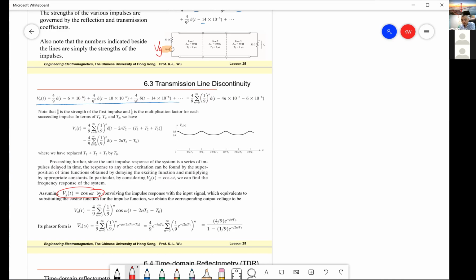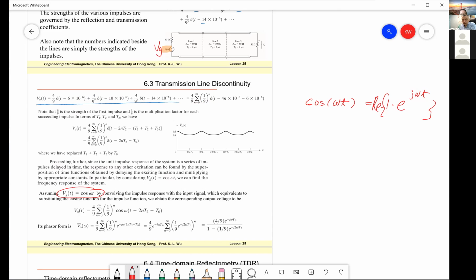This is single tone, the cosine omega t. If I write it in phasor, it is like this, right? So what is the response if I apply this?